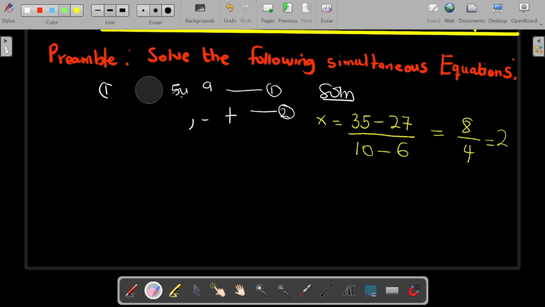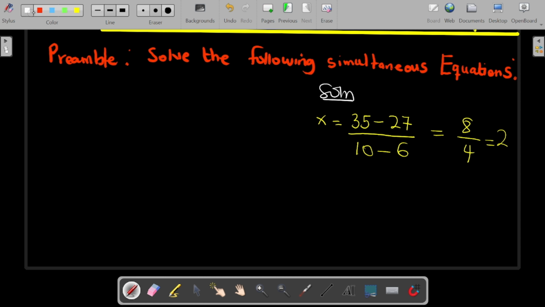Let's erase our equations and let's write the equations. So our equations were 2x plus 5y is equal to 9, and 2x plus 3y is equal to 7.